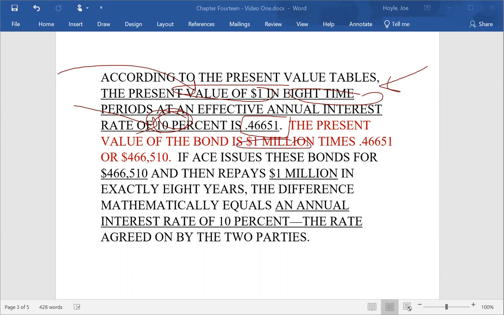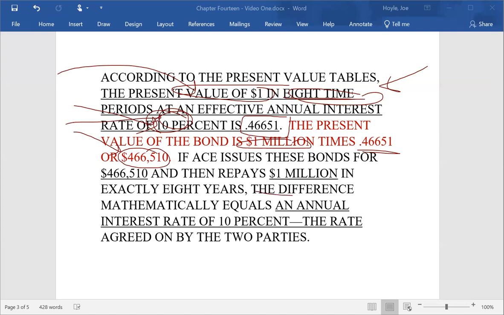So if you take that $1 million times the 0.46651, the buyer, the investor should pay $466,510. If I sell you a bond and you pay me $466,510, and we wait around for 8 years and I will pay you $1 million, then the difference in those two, the $466,510 that you give me and the $1 million that I give you, is going to be the mathematical equivalent of a 10% interest rate in 8 time periods.